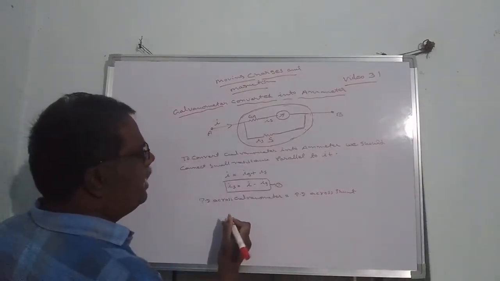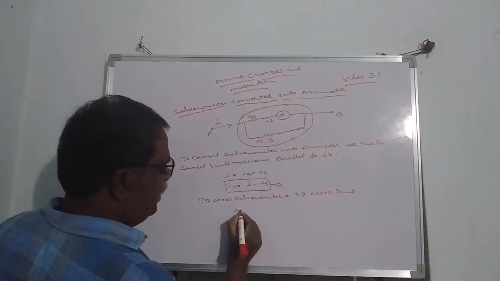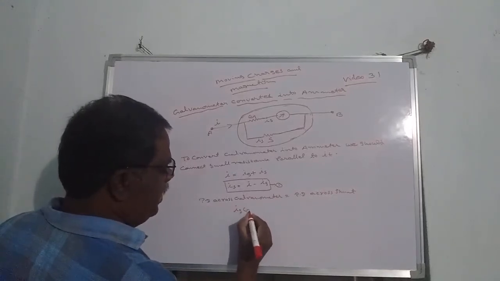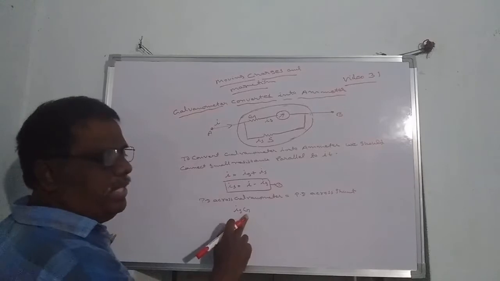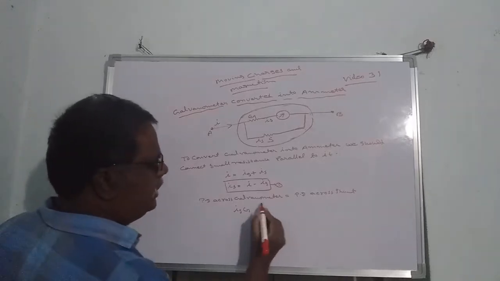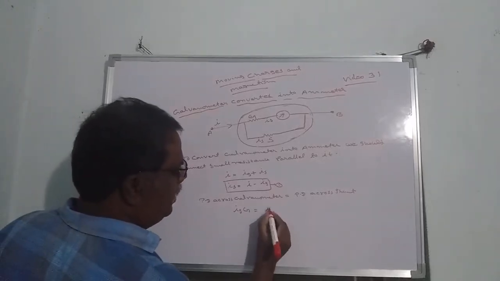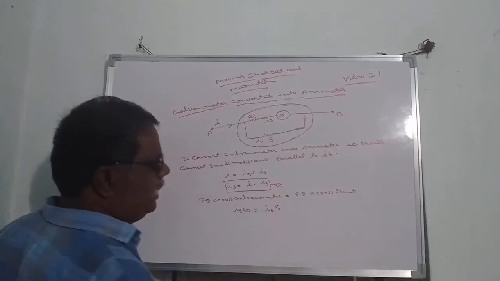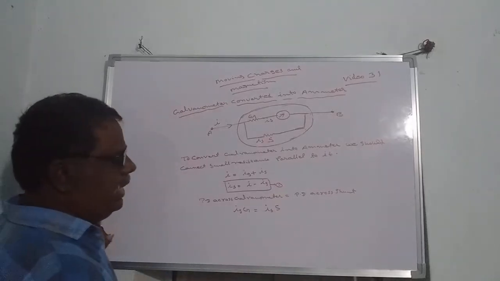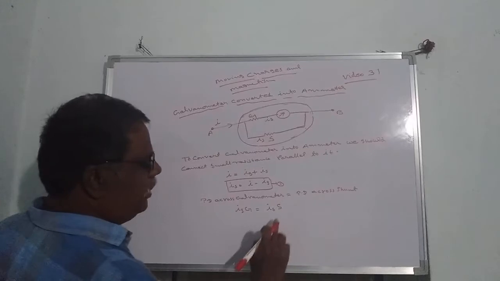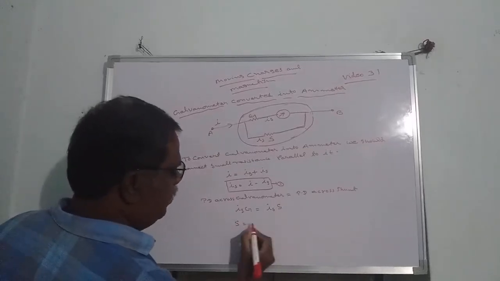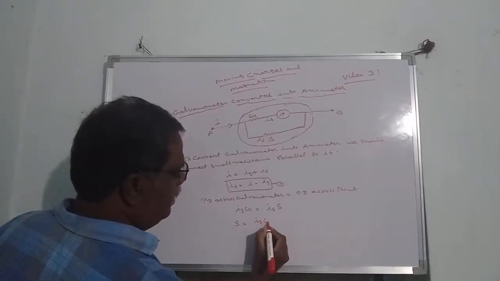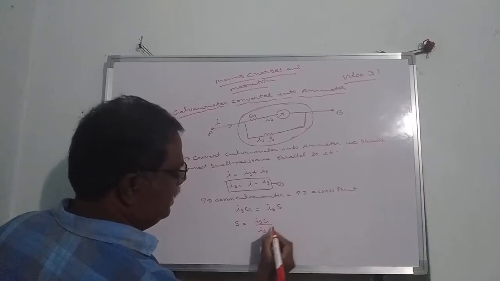So the potential drop across the galvanometer is nothing but Ig G, because Ig is the current, G is the galvanometer resistance. Potential drop across the shunt is equal to Is S. Then how do you calculate the shunt value? S is equal to Ig G by Is.